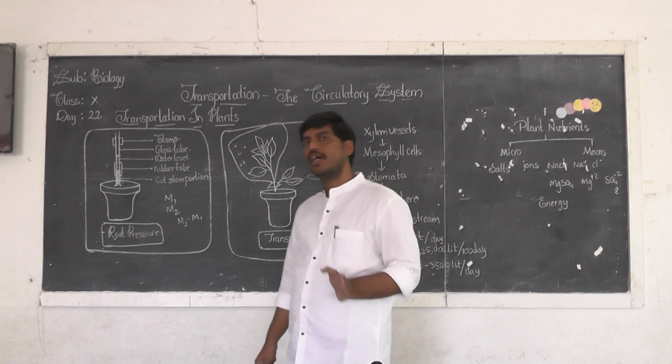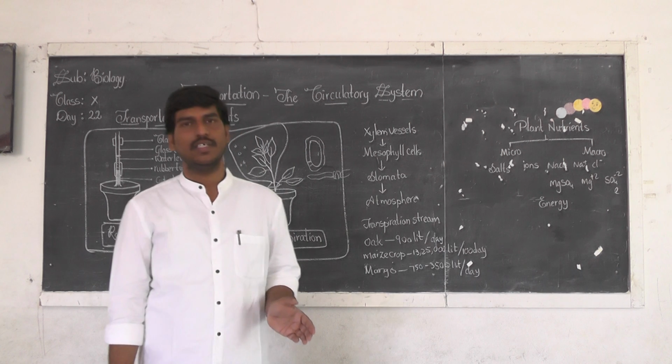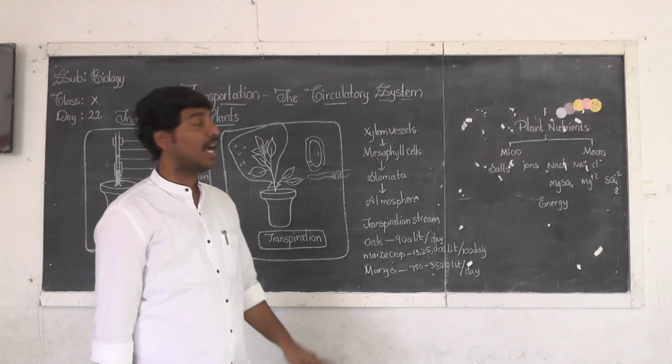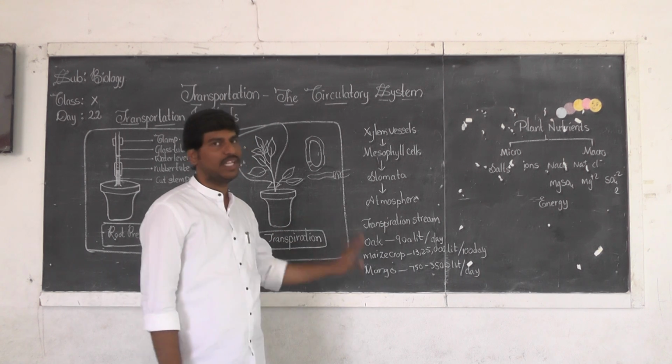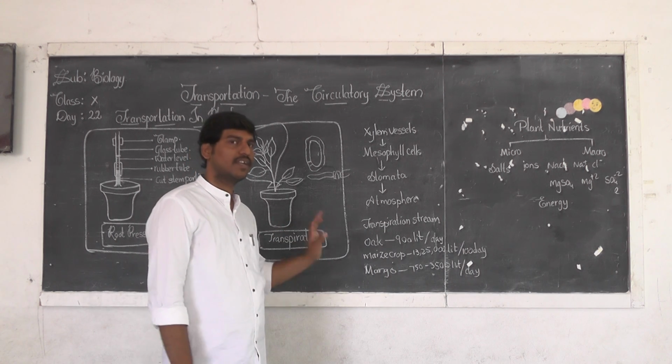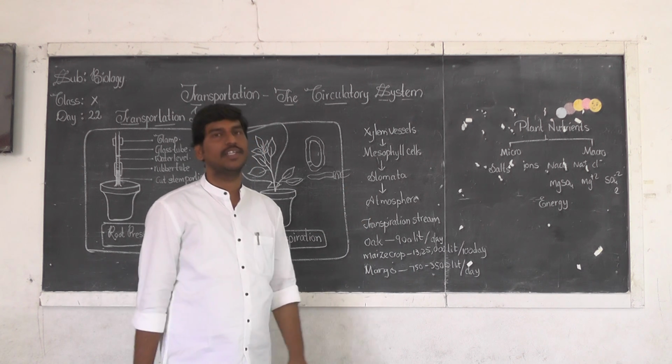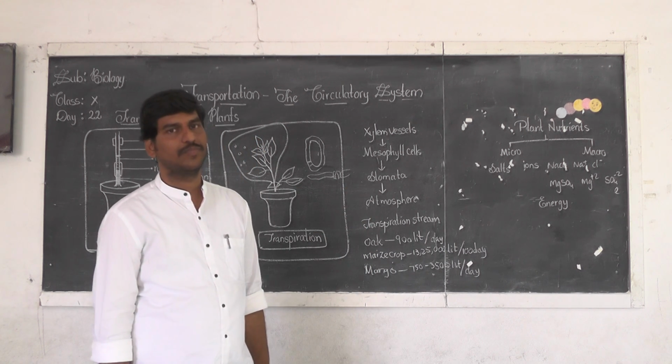So the evaporation of water in the form of water vapor from the plant body is called transpiration. From the stomata it is released into the atmosphere.